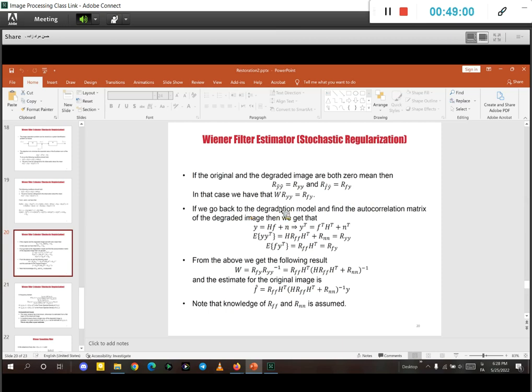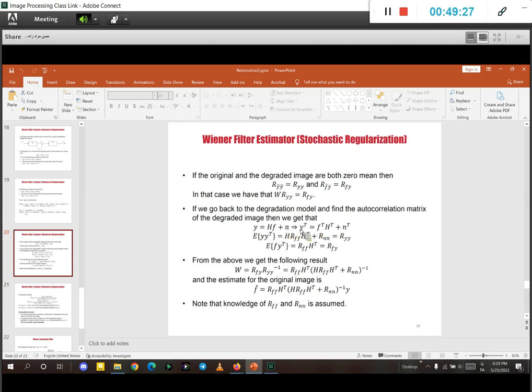In that case, W times the autocorrelation of Y equals the cross correlation of F and Y. W is the Wiener system, or Wiener filter.